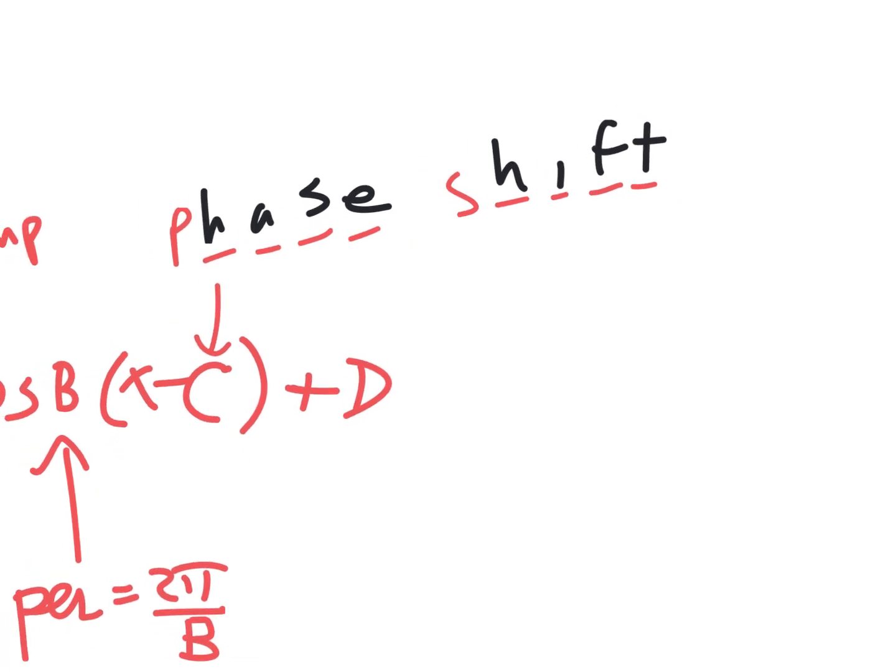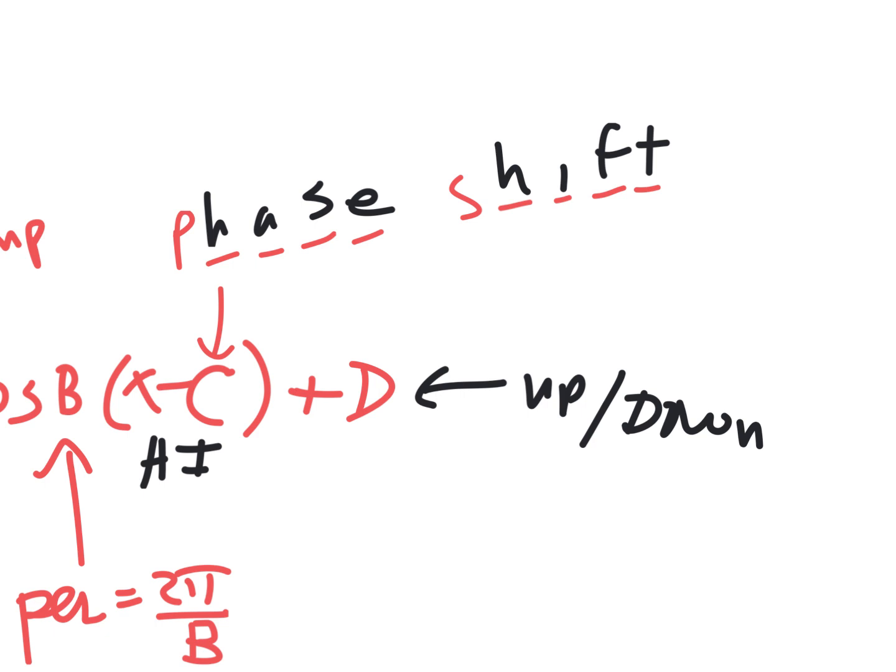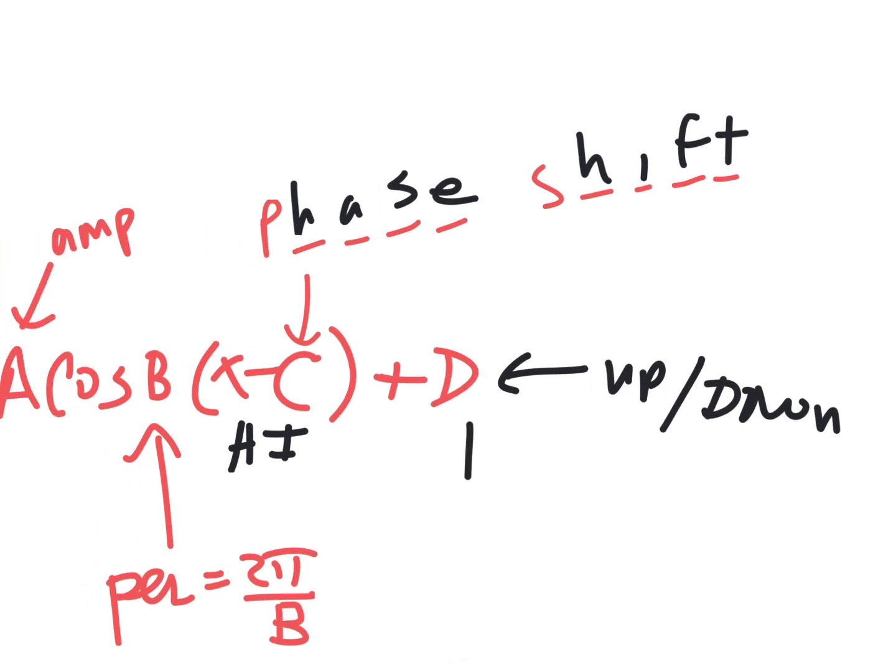The C is called the phase shift, and the D is just how far up or down the thing has been moved. Okay. If you wanted a fancy name for it, you could call it a vertical, because it's on the outside. Horizontal is inside. Vertical changes are on the outside. So that could be a vertical, and then you could just say translation if you wanted to be all fancy.